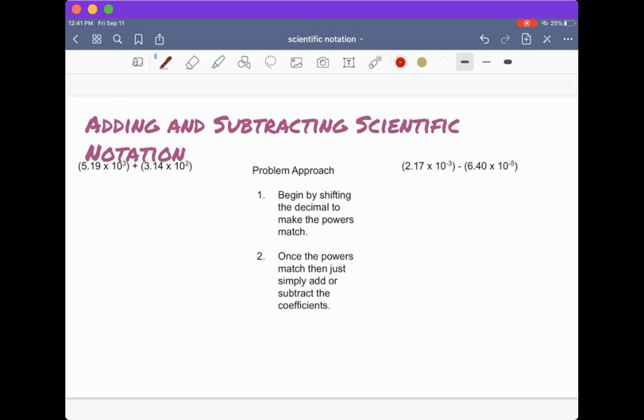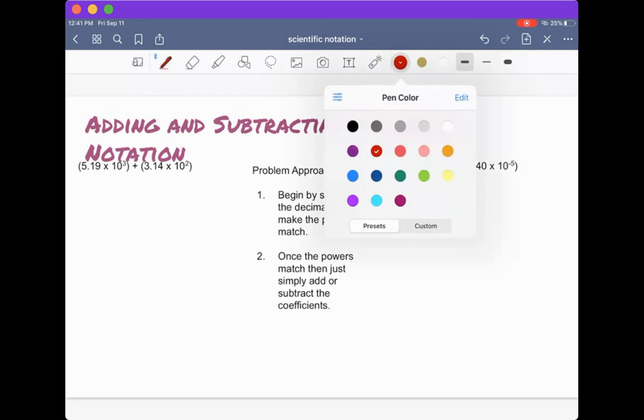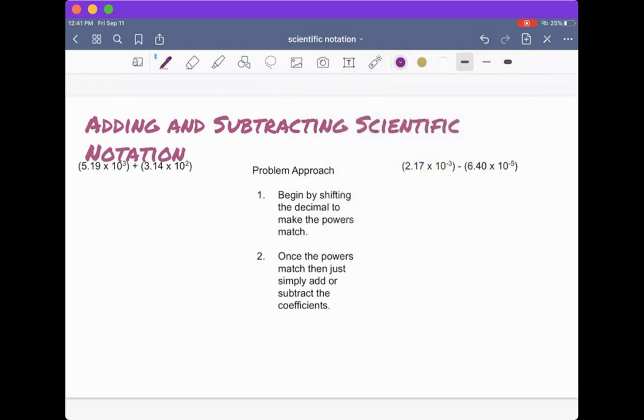Now, adding and subtracting is very different than multiplication, because with adding and subtracting, the main thing you need to remember is that your base tens must match. Okay, so this is the big key here. When you're adding and subtracting, your tens have to match.